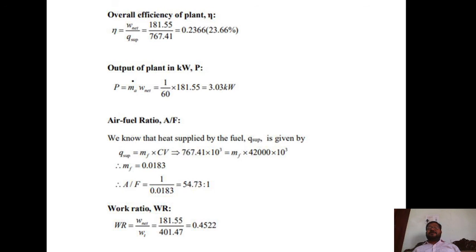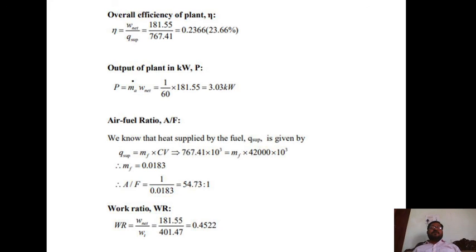That's why you are substituting this 10 to the power of 3. Mass of the fuel supply is 0.0183 kg per second. This much kg per second mass will be supplied to develop this much power. 3.3 kilowatt of power will be developed by supplying 0.0183 kg of fuel. That is the meaning of this.